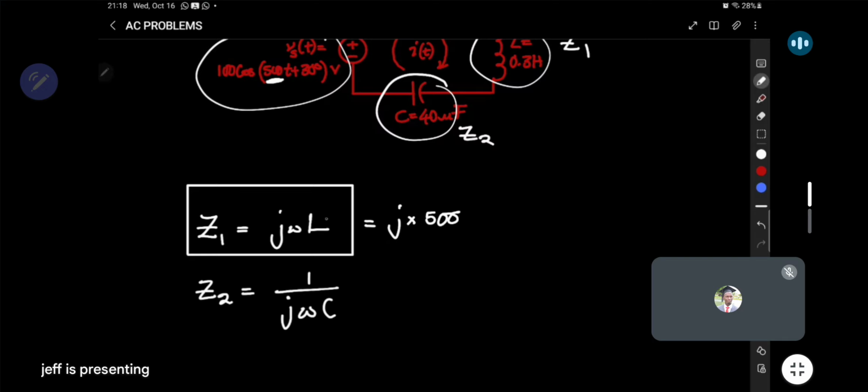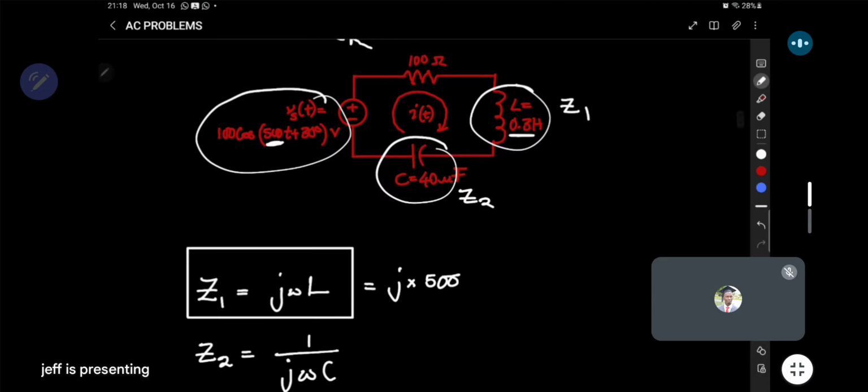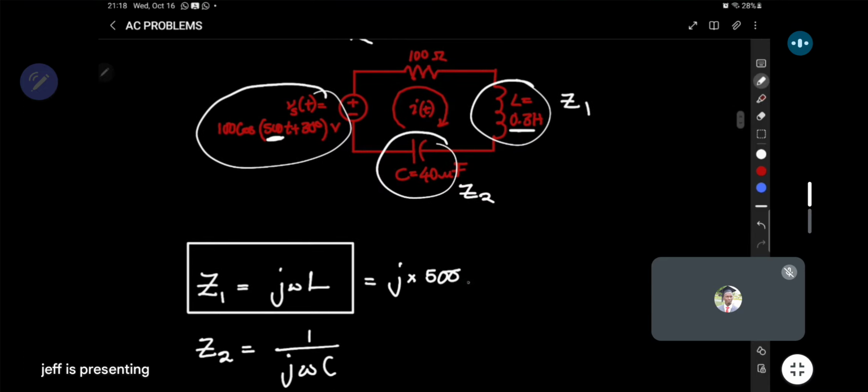And then L here is the inductance. Here it's given as 0.3 henries. So this is going to be multiplying 0.3. So now we just have to multiply this.